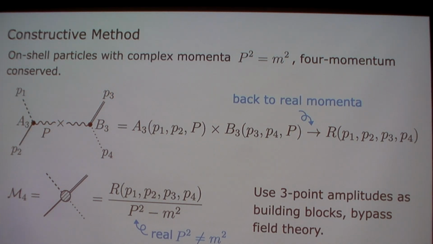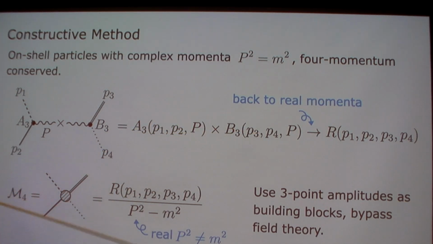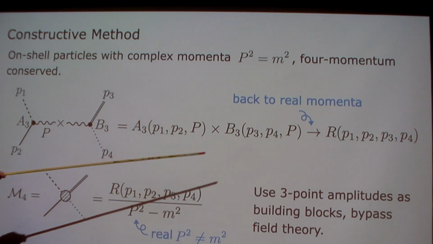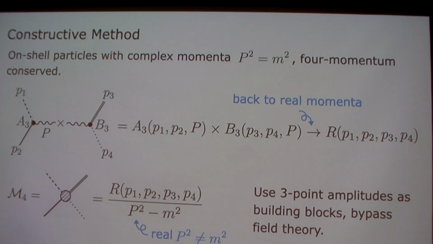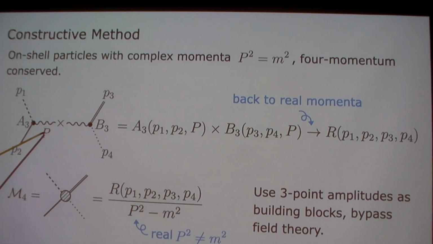Then if you want a higher-point amplitude, all you need to do is to multiply the three-point amplitudes, which we say we glue them. After you glue the three-point amplitudes, the thing you get is called the residue, and then it becomes a residue of a four-point amplitude. For the three-point amplitude, you need to have an on-shell intermediate particle, whose expression will depend on its momentum.